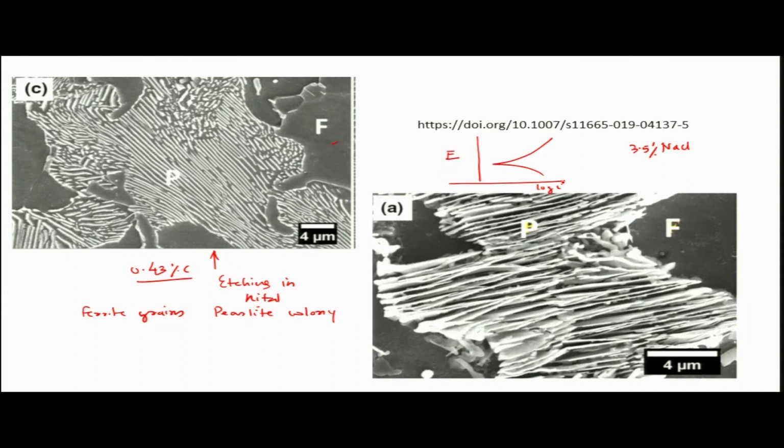Now, interestingly, cementite and ferrite, this couple is considered. If this couple is considered, then ferrite will act as anode and cementite will act as cathode. This happens in this particular situation in case of the pearlite colony.